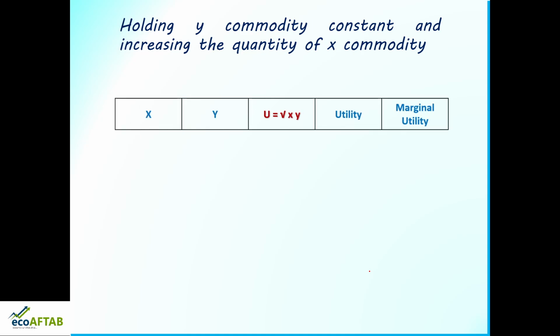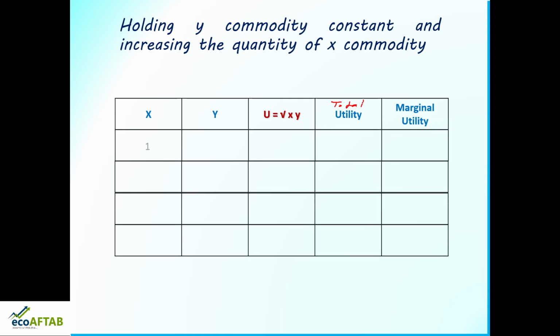So let us say there is x commodity and y commodity, and the utility function is u is equal to square root of x into y. When you solve for x and y, you get a particular level of utility which is your total utility, and the next column is marginal utility.